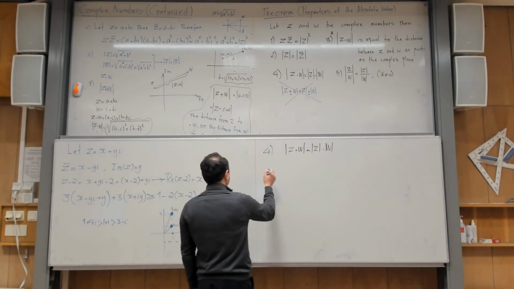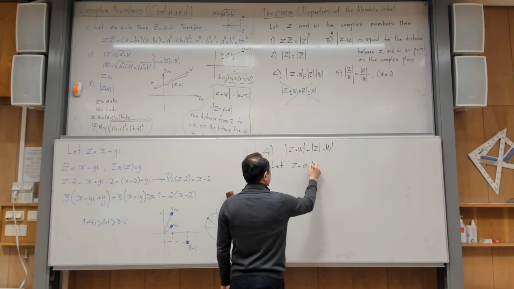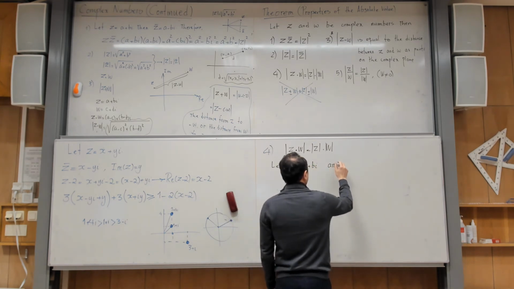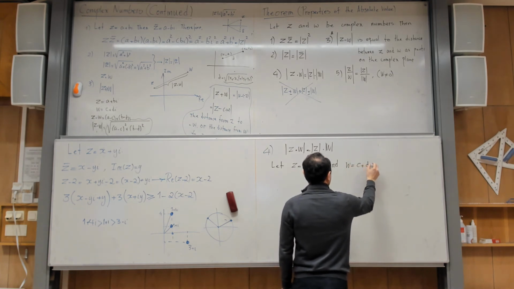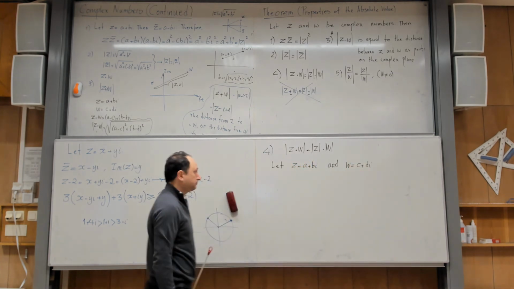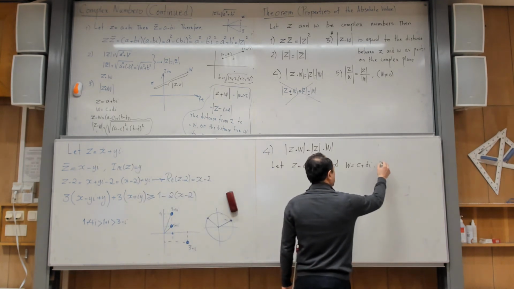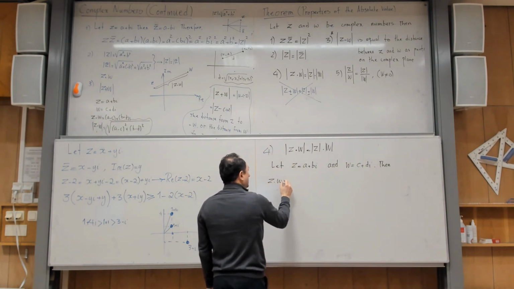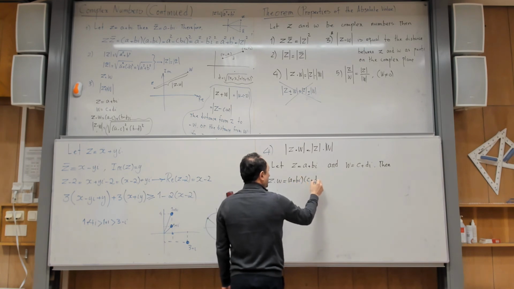I would say let, exactly as before, z be equal to a plus bi, and w be equal to c plus di. This is one way. Then z times w is equal to a plus bi multiplied by c plus di.